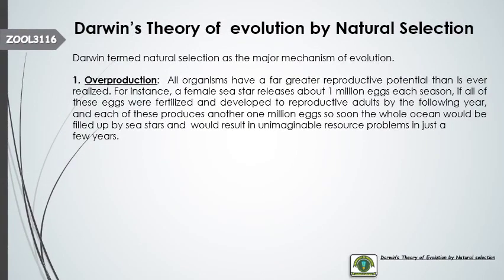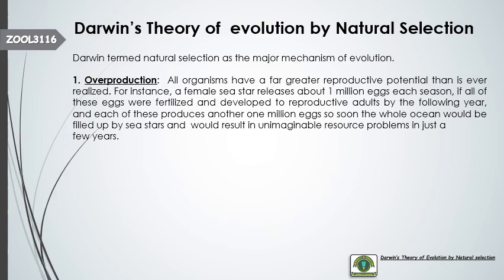Evolution by natural selection. Darwin termed natural selection the major mechanism of evolution. The first further point of this theory is overproduction. All organisms have much more potential to reproduce, right?